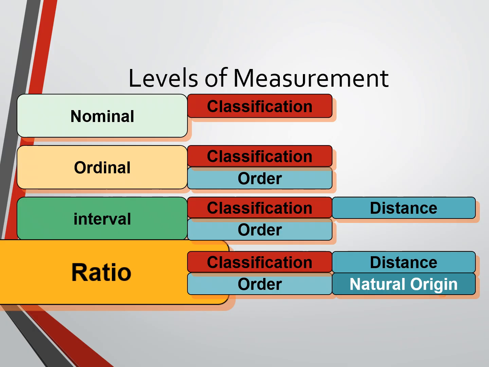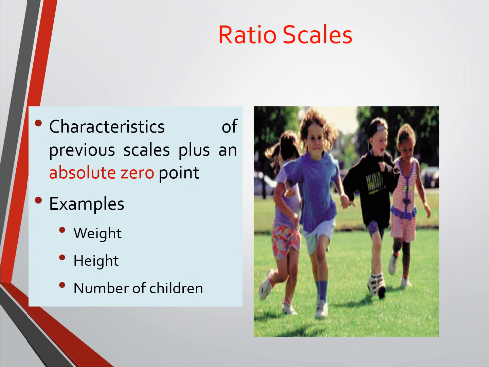So the ratio scale may have zero also: the characteristics of the previous scales plus an absolute zero value. For example, number of children. No children in the family, no child in the family, then the ratio is zero. That is possible. In the case of weight and height, it may not be zero, but the possibility of zero can be seen.